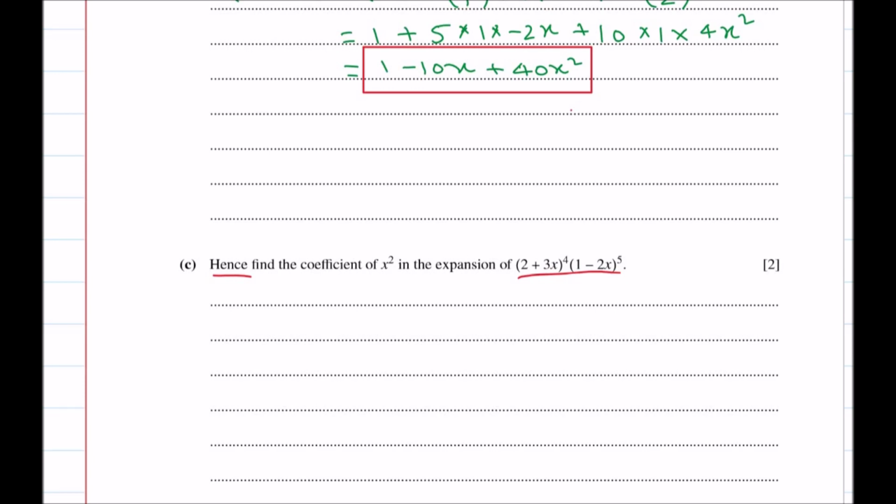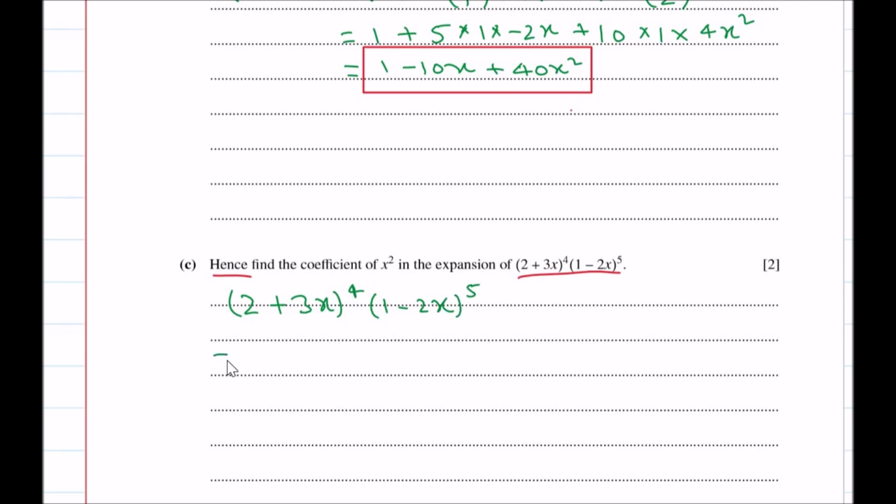So let's use the previous part answers. Let me show you how to do. Let us write here. We have to expand this one: (2 plus 3x) to the power 4 into (1 minus 2x) to the power 5.